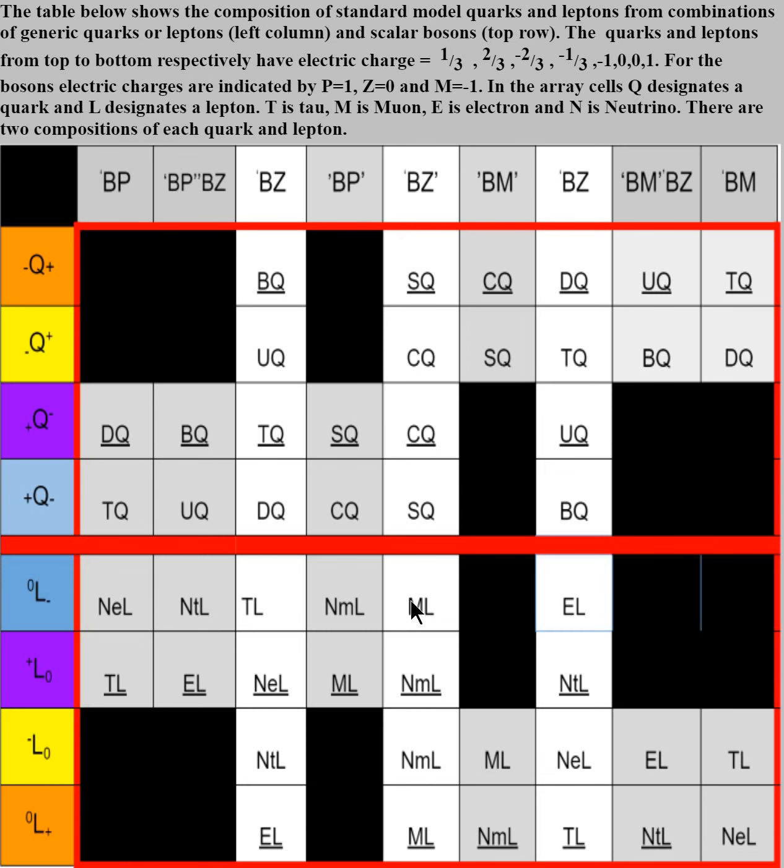Now we can go to the leptons and look at the muon and the muon neutrino. And we can see that we have a generic minus 1 lepton combining with the scalar boson 0 to give us one configuration of the muon.